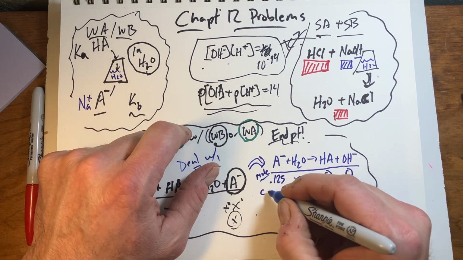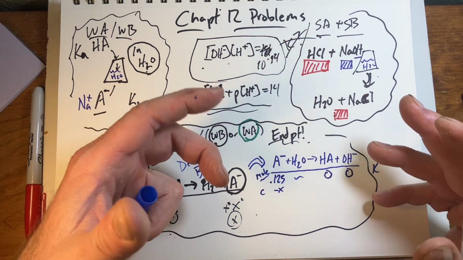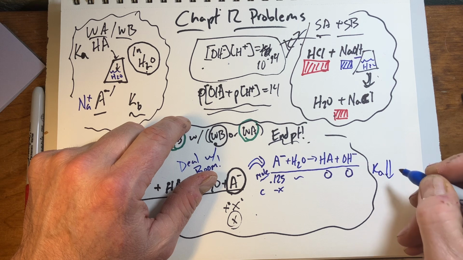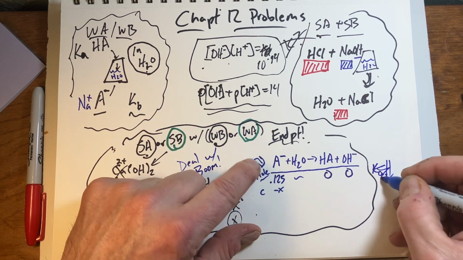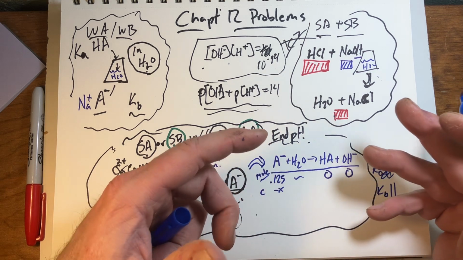So the change would be, if it's a K value, and it's usually going to have a small K, either base or acid, the Ka is going to be usually very small, and for the Kb we're dealing with, the Kb and the Ka are usually small. So you're going to use the approximation.